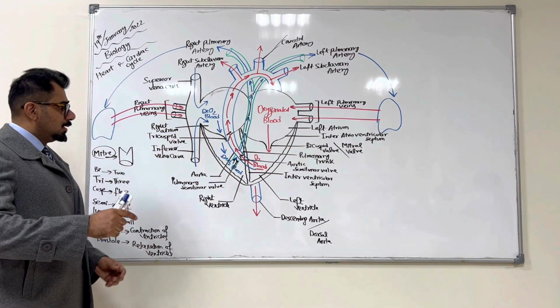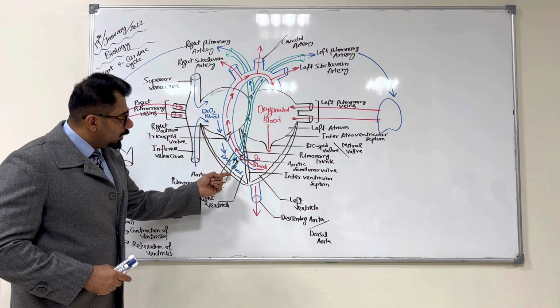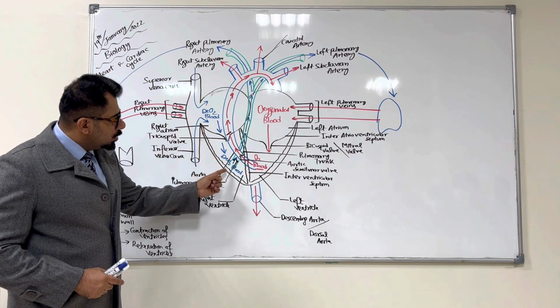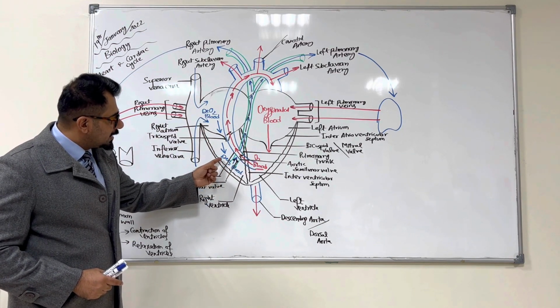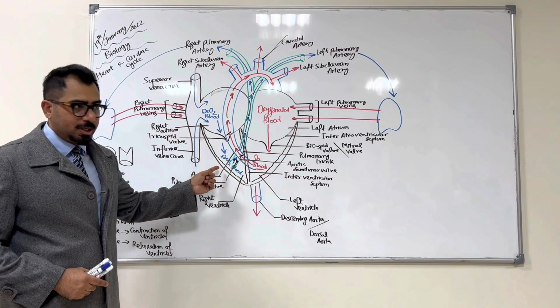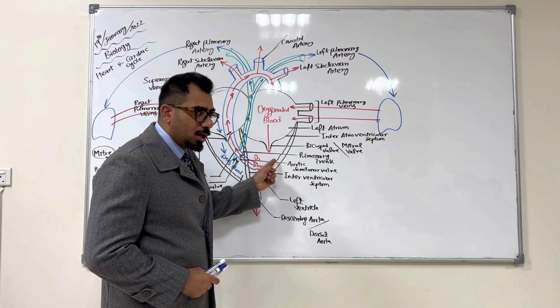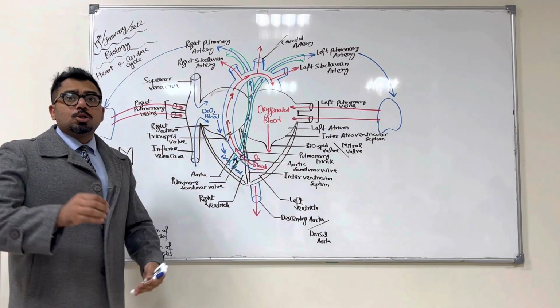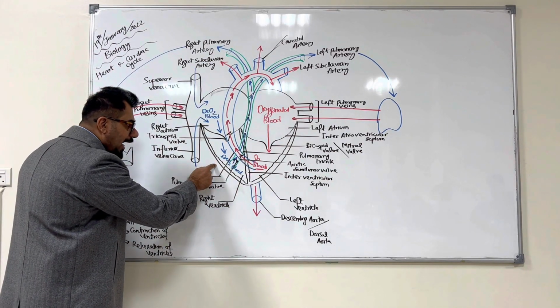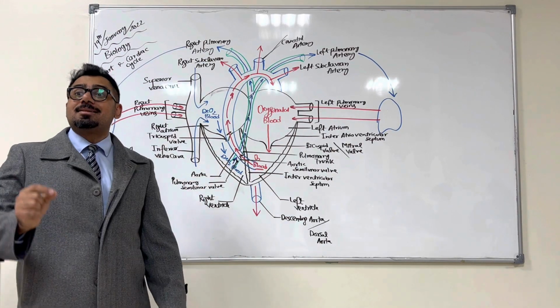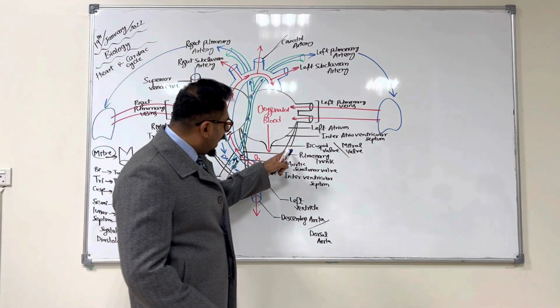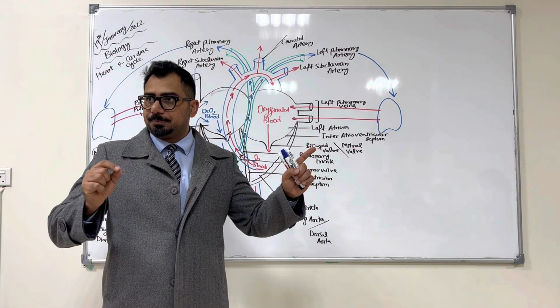Another thing, boys, if you pay attention, I drew this, you see the distance between this line and this zigzag line, I drew a shorter distance, and over here I drew a larger distance, right? To show that the right side ventricle wall is thinner and the left side ventricle wall is thicker.